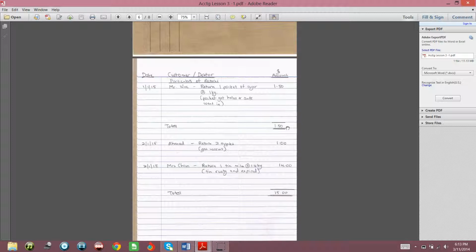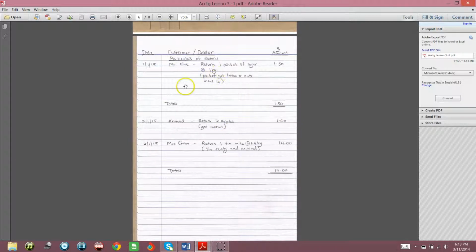This is the way that I'm going to record it. I'm going to put my date and then the customer name and then some of the details of why they return, and the amount. If your business is bigger, you can put more details. You can extend your exercise book. You can buy a bigger one and then put their credit note number or other details.